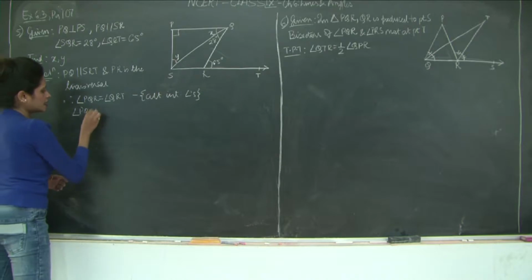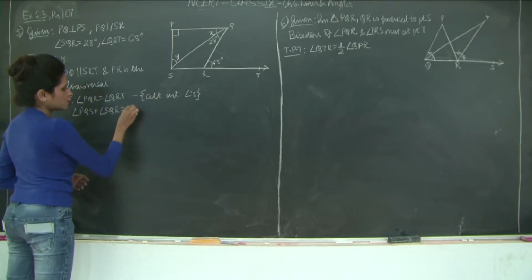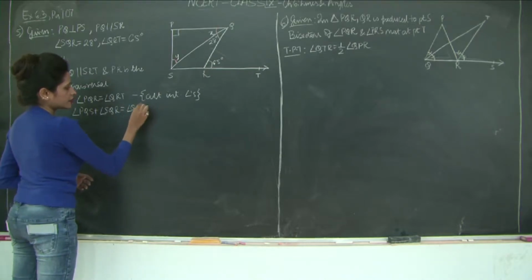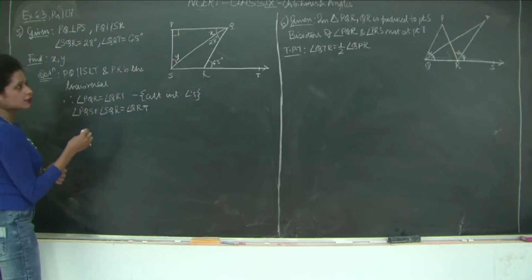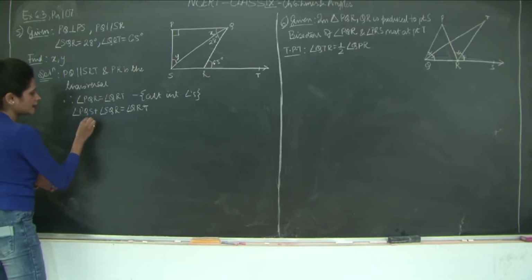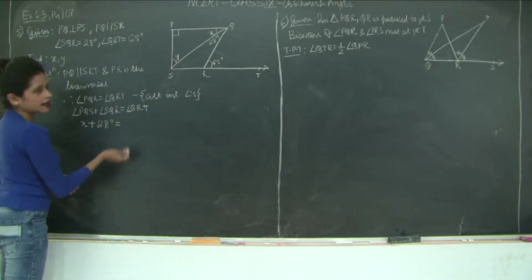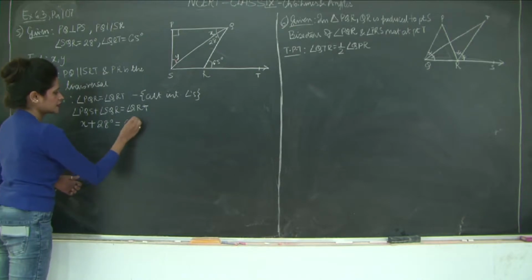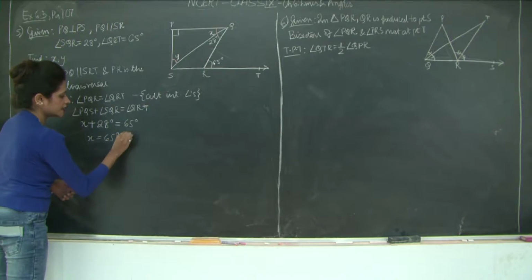PQS plus SQR is equal to angle QRT. Correct? Let's substitute the values for the angles that we already know. PQS is what we need to find. So this is X plus SQR is 28 degrees and QRT is 65 degrees. Therefore, X is what? X is 65 degrees minus 28 degrees.